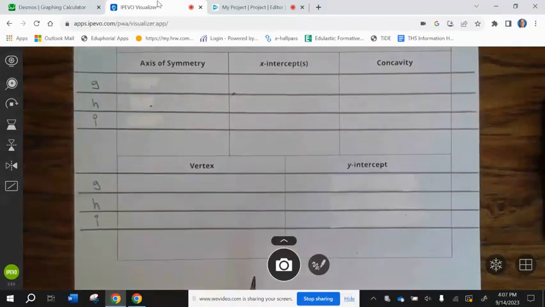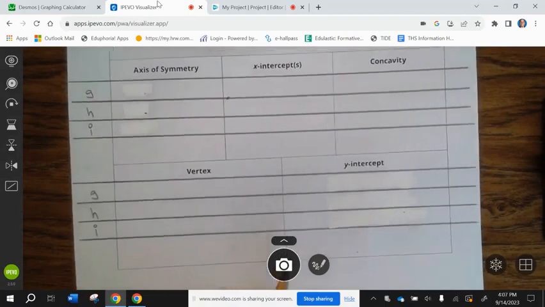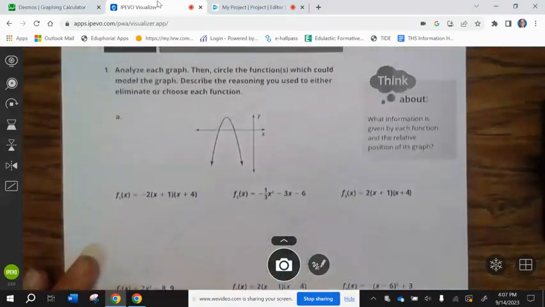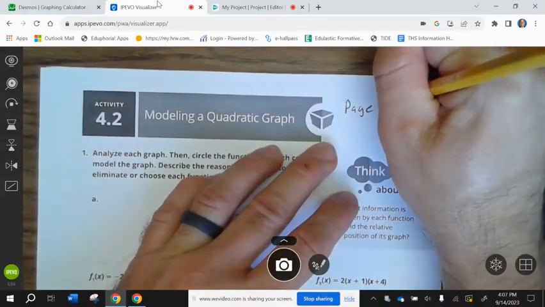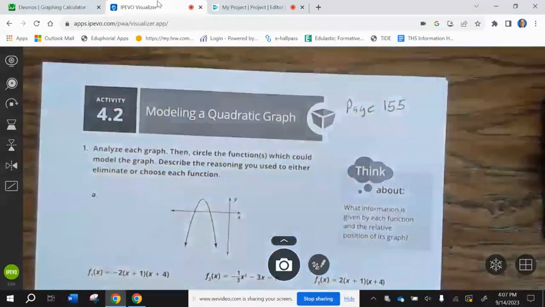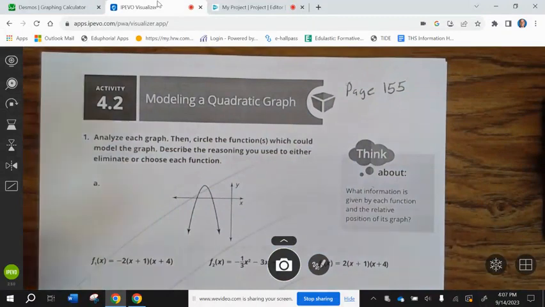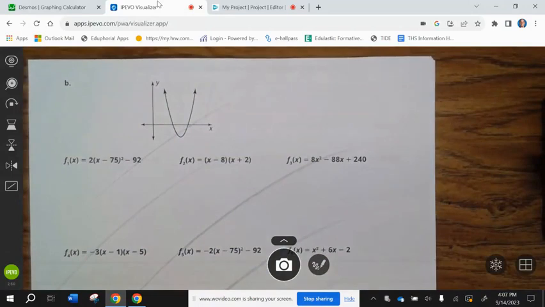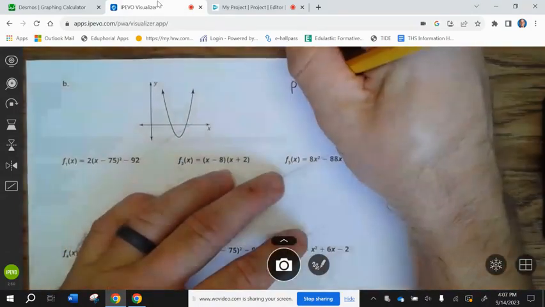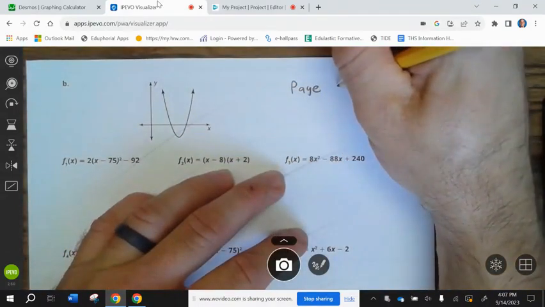All right, let's take a look at the next page. You're going to skip page 155. You're also going to skip page 156.